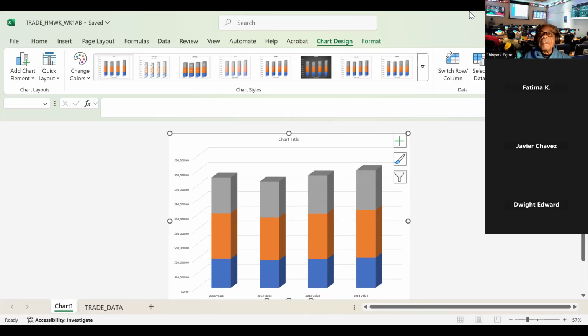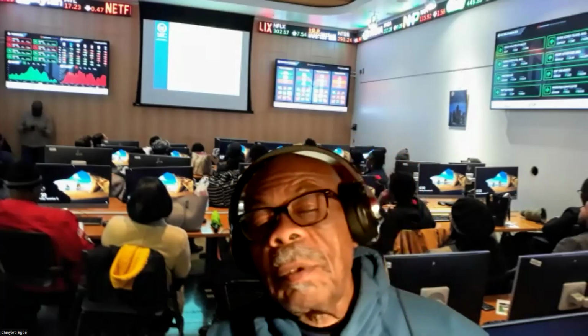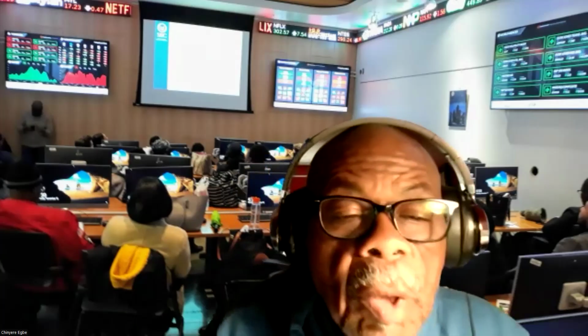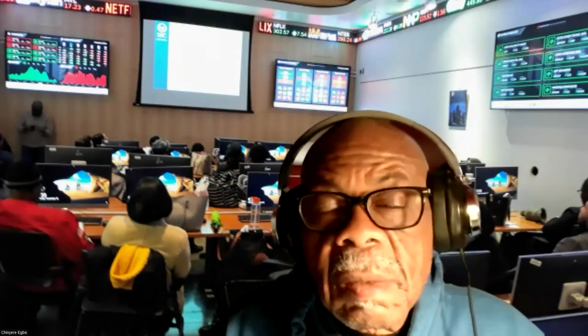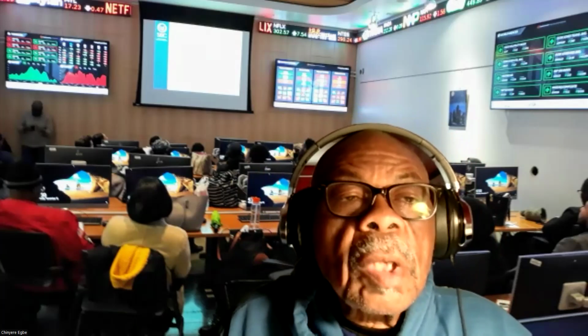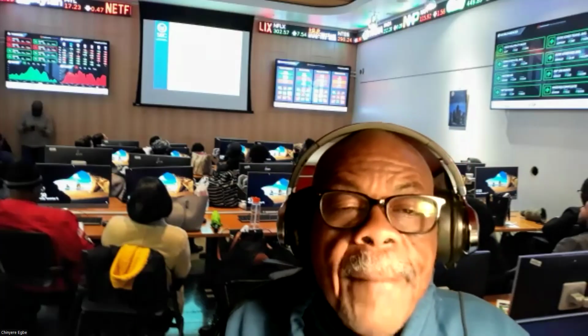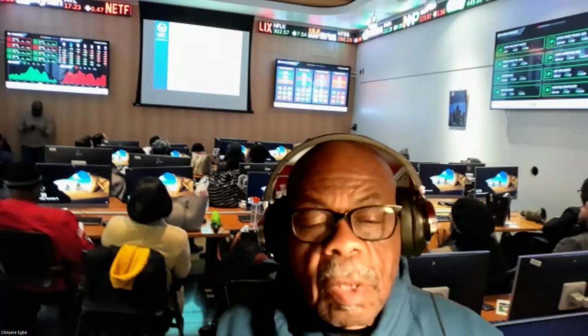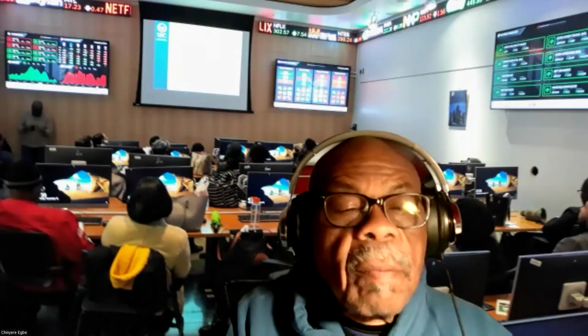Now, the next thing that I wanted to talk about, which is part of today's topic, and I'm going to pull up the syllabus, is measurement in statistical analysis. Besides graphical representation, there are measurements in statistical analysis, and these are summary measures that enable you to transform data into information.